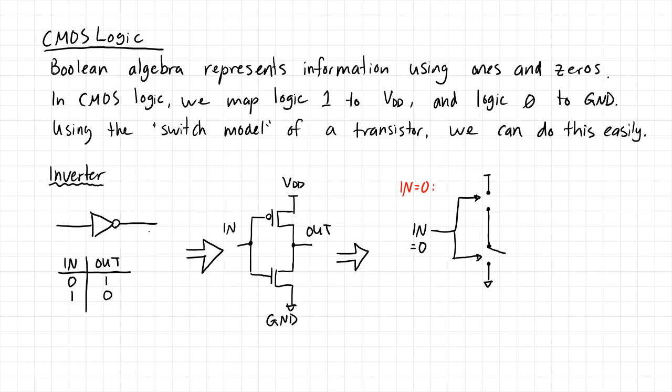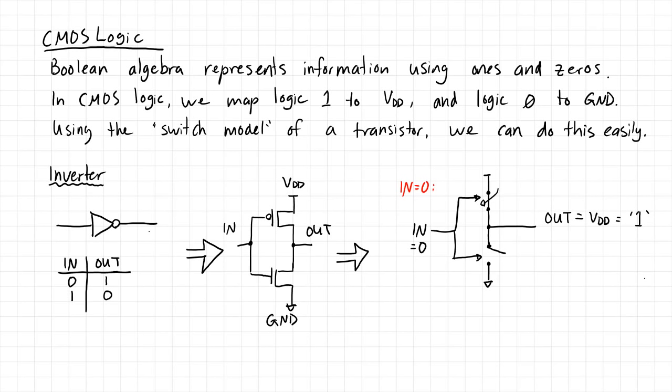And for a PMOS transistor, when its gate voltage is low or 0, it is a short circuit. I'll just draw a little arrow saying that is the output. So in this case, the output voltage is going to be what? Well, we have a switch connecting the output to VDD, which is of course equal to logic 1. So perfect. When the input was 0, we have a logic 1 at the output.